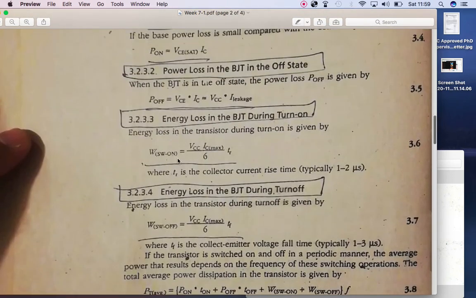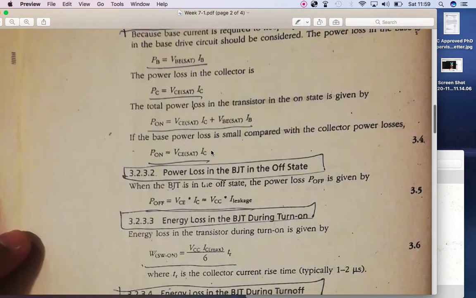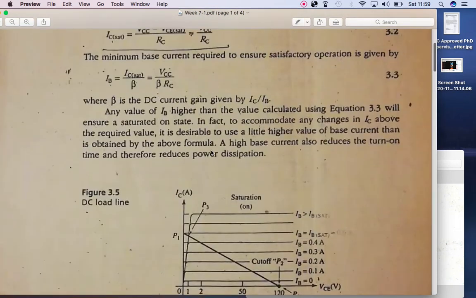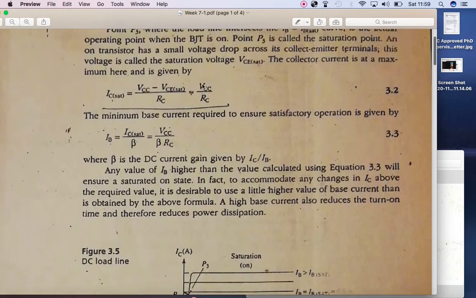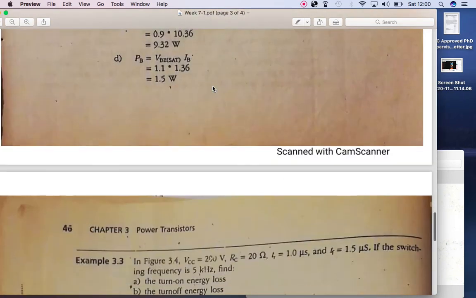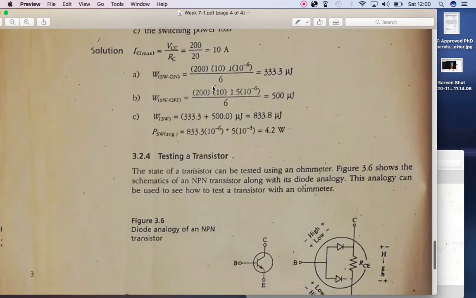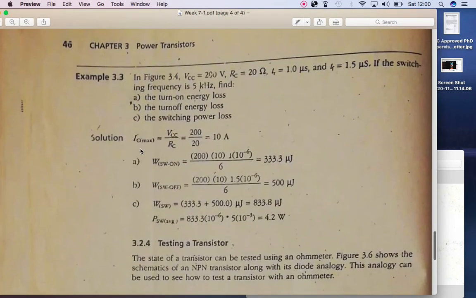So by these two formulas we are able to calculate the energy losses during the switching on and switching off operation. So the total energy which is lost during the switching operation will be the summation of these two values, and when we multiply it with the frequency of operation of the device, it will give us the switching power loss.